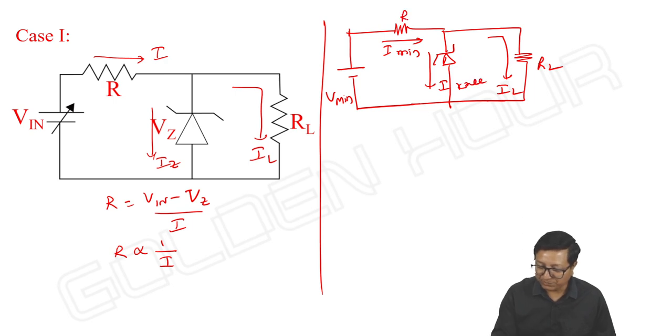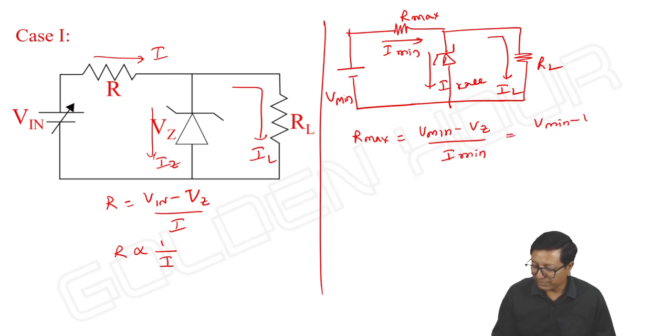As I is minimum, R is maximum. So I can write here R max is equal to V minimum minus Vz by I minimum, and that is V minimum minus Vz by the knee current plus IL, where IL is equal to Vz by RL.